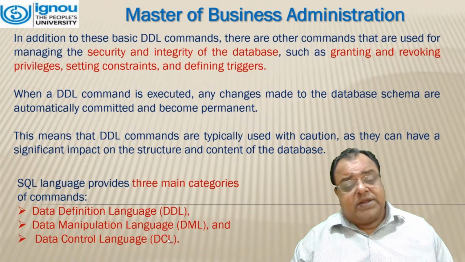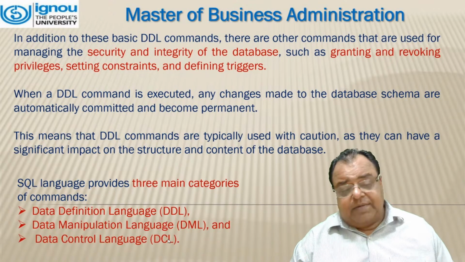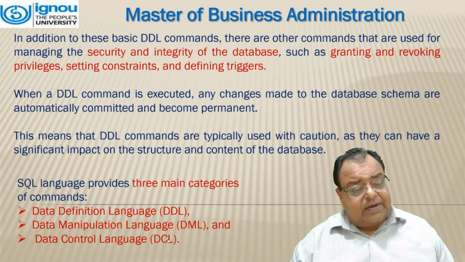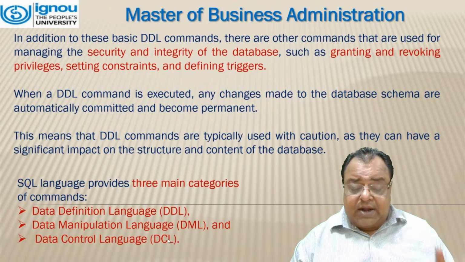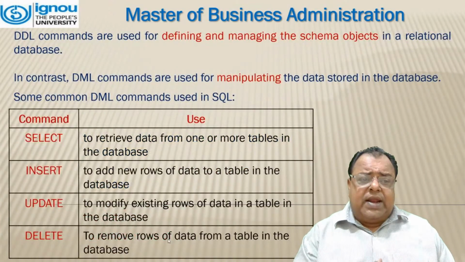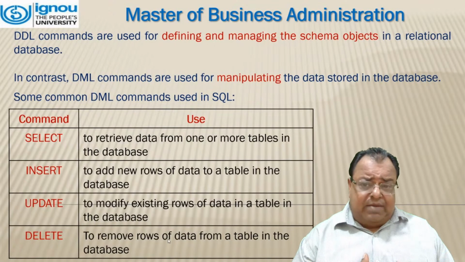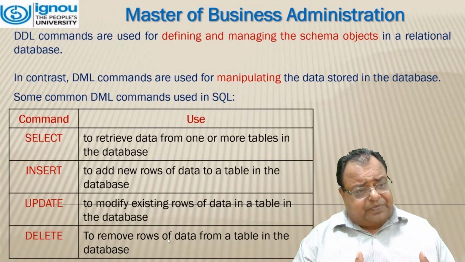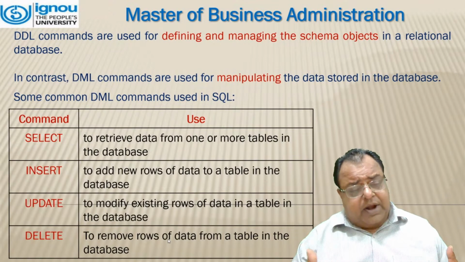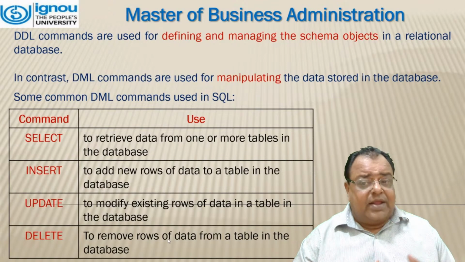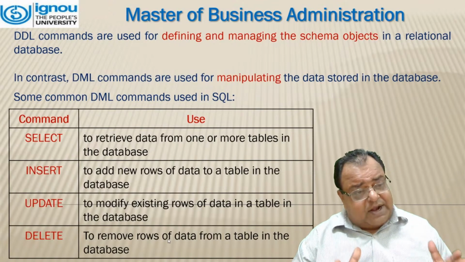The SQL language provides three main categories of commands: data definition language, that is DDL, data manipulation language, that is DML, and data control language, that is DCL. DDL commands are used for defining and managing the schema objects in a relational database. In contrast, DML commands are used for manipulating the data stored in the database.